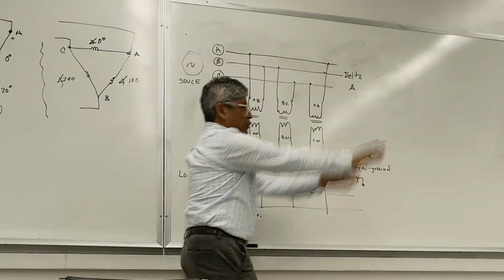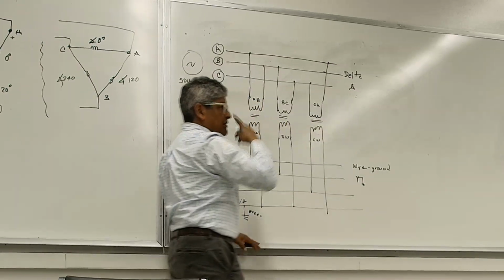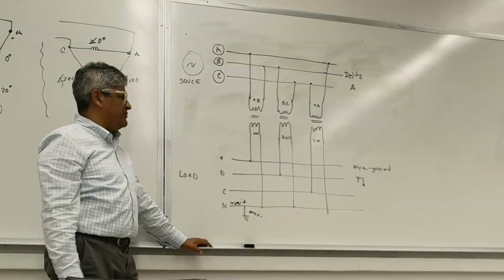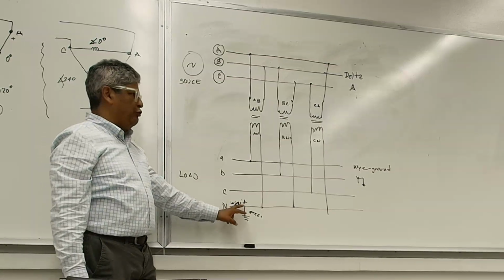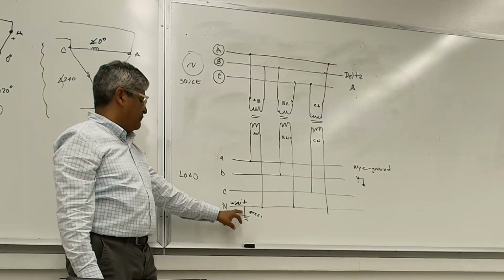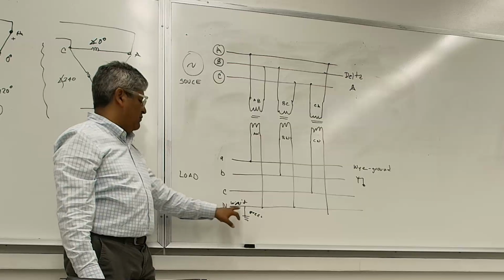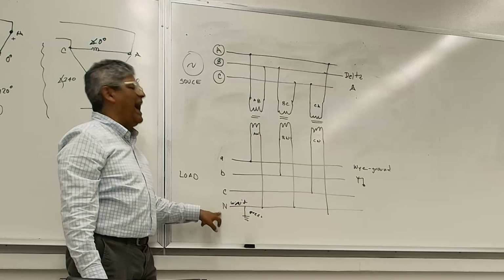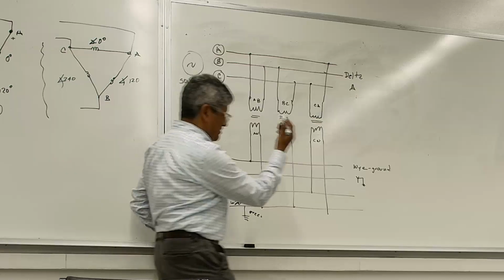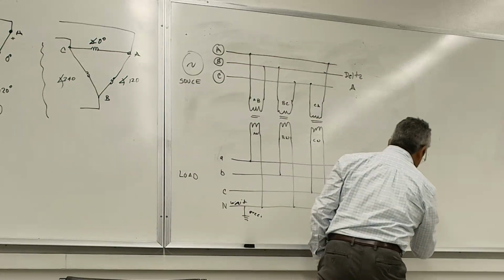From here, you're going to feed loads. It can be a panel being fed from a transformer, and you can no longer take the neutral and the ground of this transformer and connect them together. In other words, let me say this: say you have a load right here.